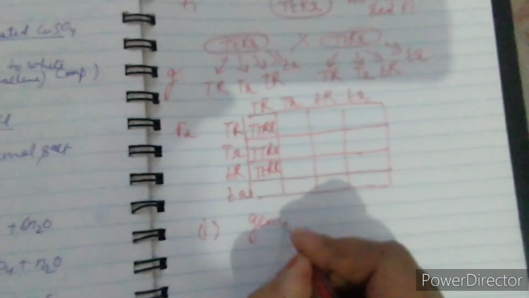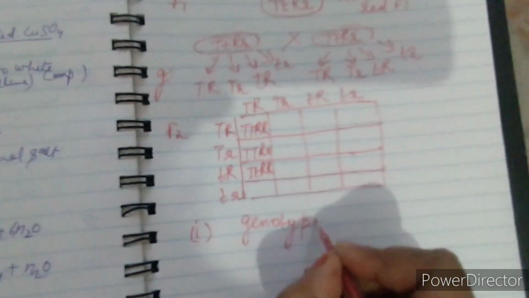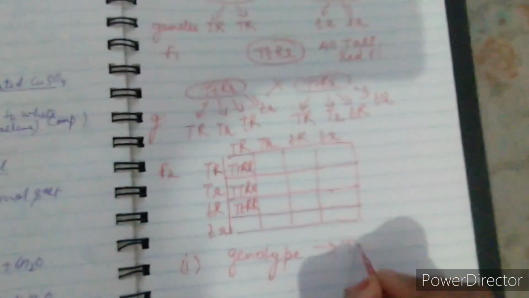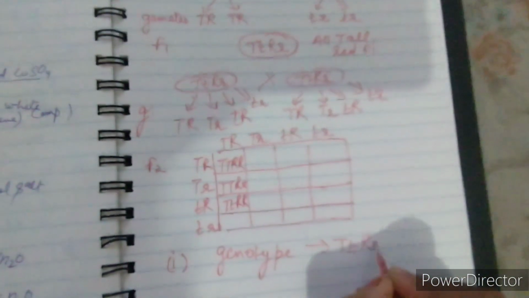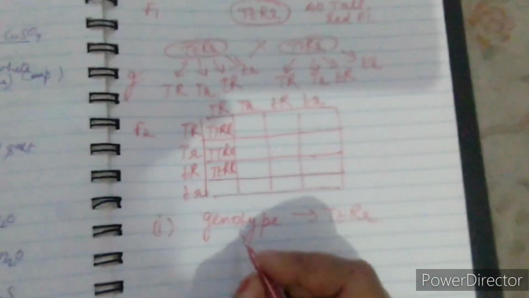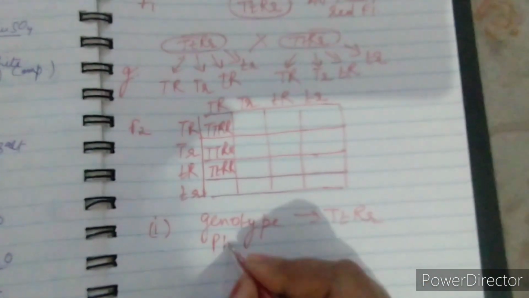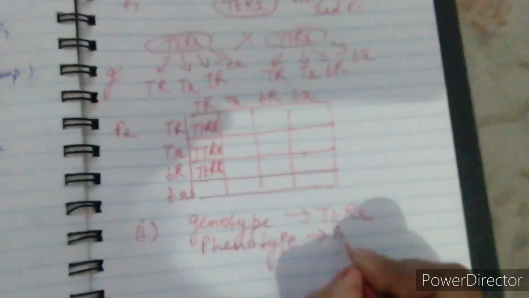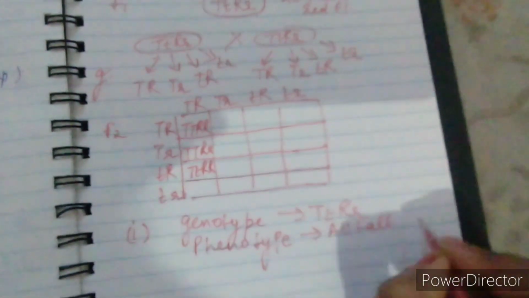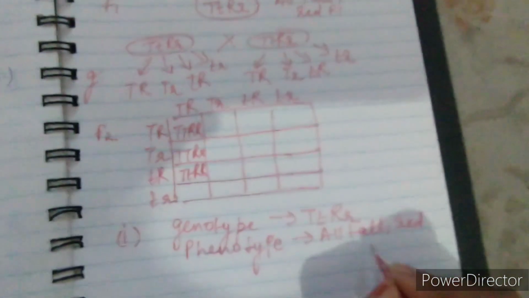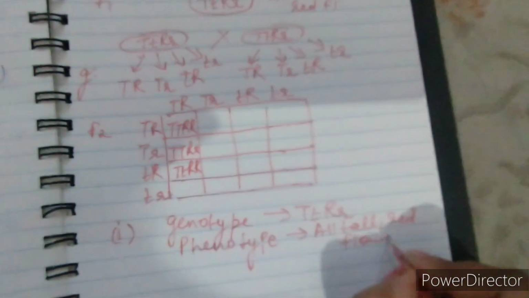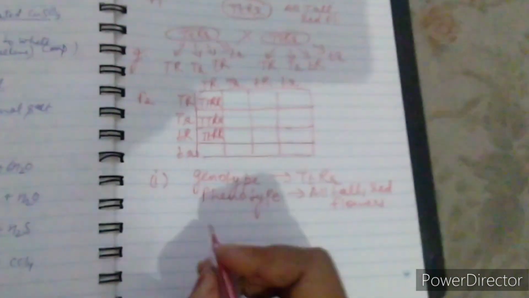So you will write in the answer genotype capital T small t capital R small r, and phenotype as all tall plants with red flowers. Okay, so this is answer number 1.